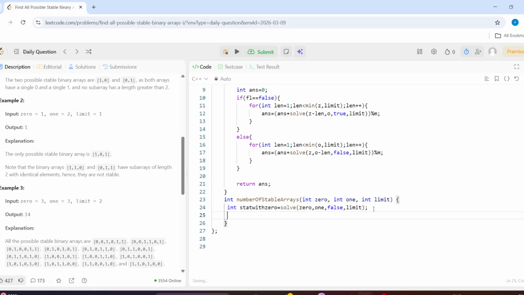And here, if the array starts with 1, then we will give it as 0, 1, and here true, and limit.